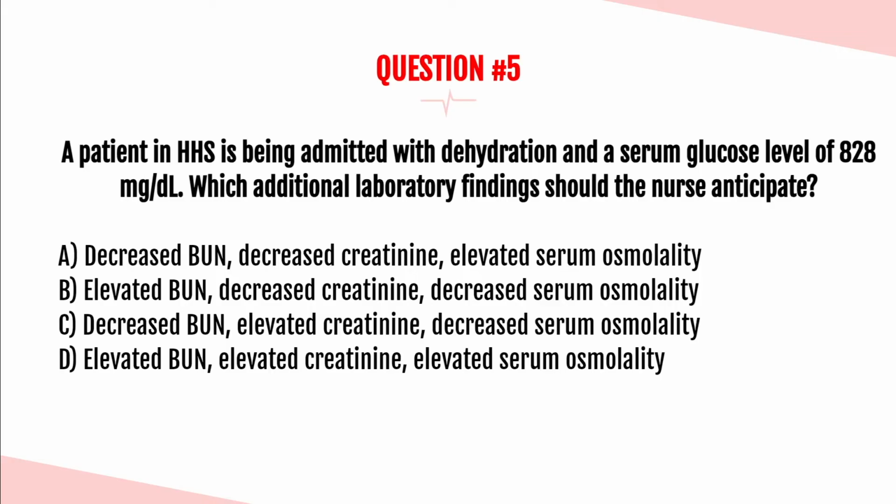And the answer here is D, an elevated BUN, elevated creatinine, and elevated serum osmolality. With dehydration, you are going to see an elevated BUN and an elevated creatinine. And in HHS, you are going to have an elevated serum osmolality due to the hypovolemia.